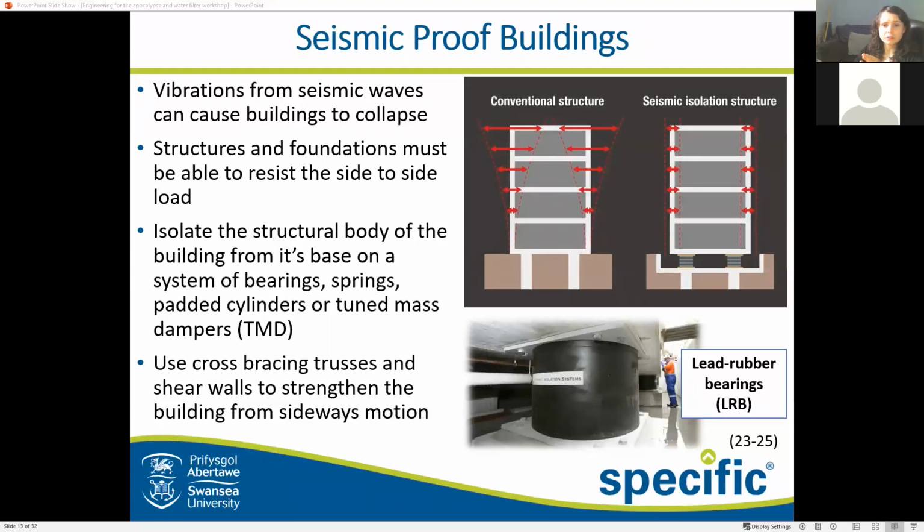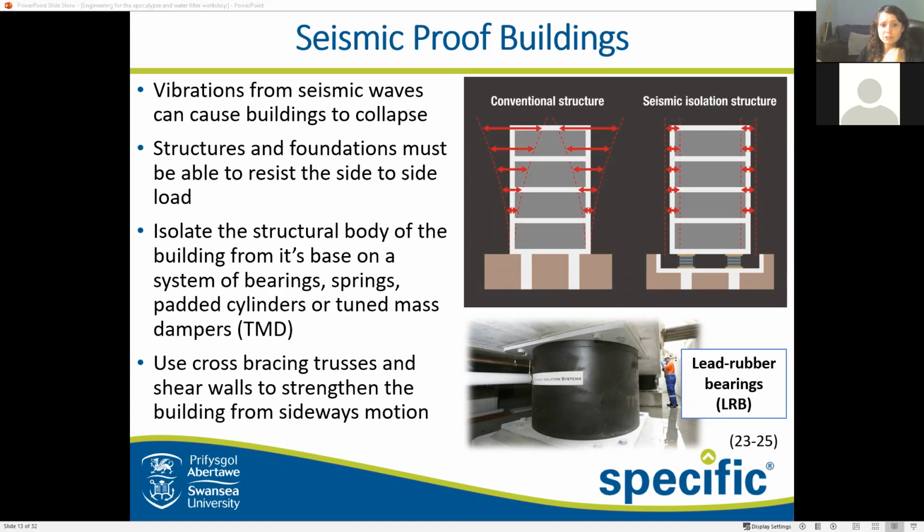What we have here is what we would typically get in the building, in the form of lead rubber bearings. These bearings are usually used where you have bearing pad designs containing a solid lead core, which is then wrapped in alternating layers of rubber and steel. The lead core ensures that the bearing is rigid and robust in the vertical direction, whilst the rubber and steel keep the bearing flexible in the horizontal direction.